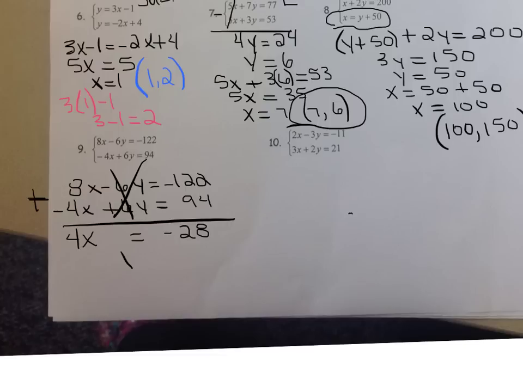Solve for x, it equals negative 7. Now you're going to plug in negative 7 for x to get 8 times negative 7 minus 6y equals negative 122. And when you solve for y, you should get y equals 11. And so your final answer is negative 7, 11.